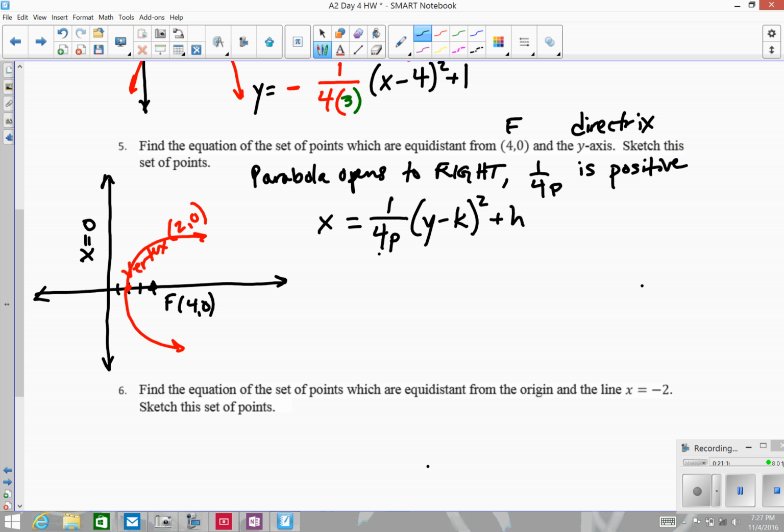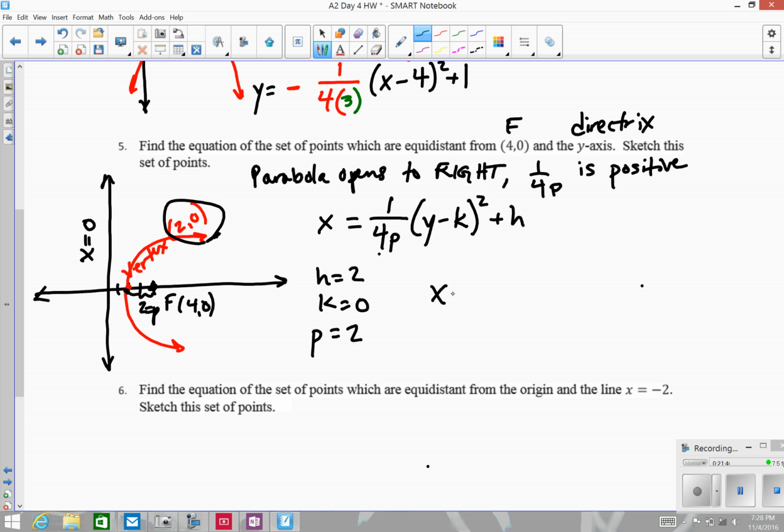For this problem, we know the vertex is at 2, 0. So that means h is 2, k equals 0. My p distance from the focus to the vertex is 2 units, so p is equal to 2.